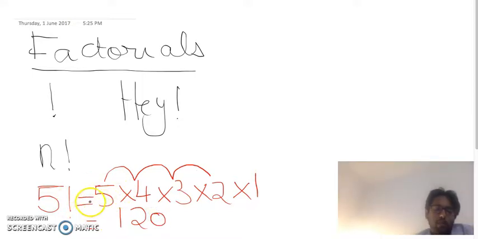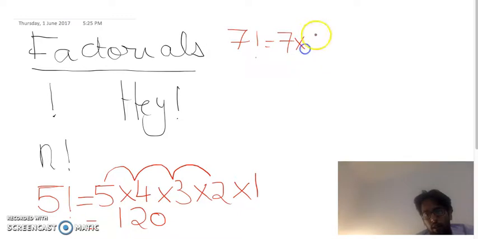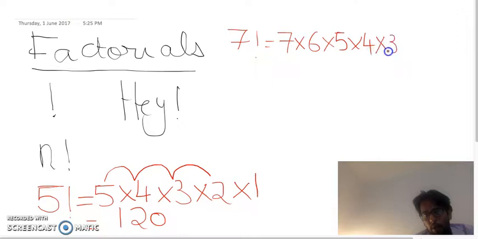So that's what basically a factorial means. If I could do another one, let's say this time we did 7 factorial. That's the same as 7 times 6 times 5 times 4 times 3 times 2 times 1.